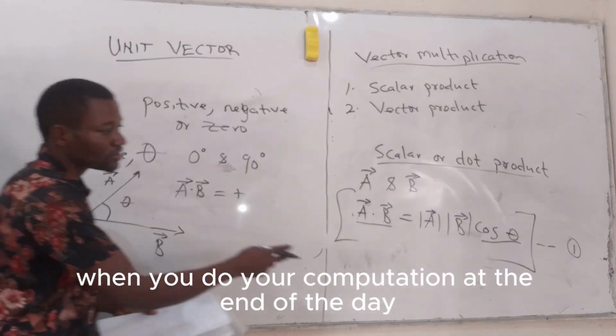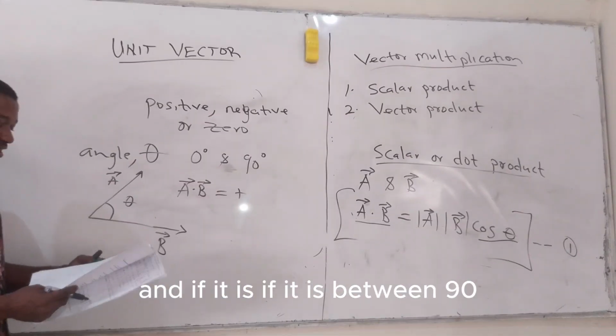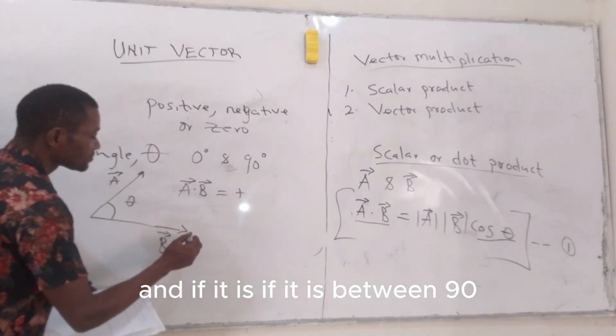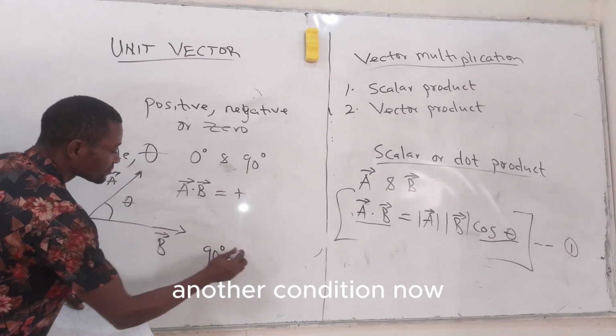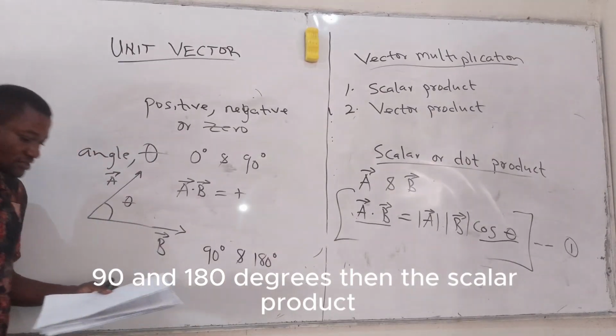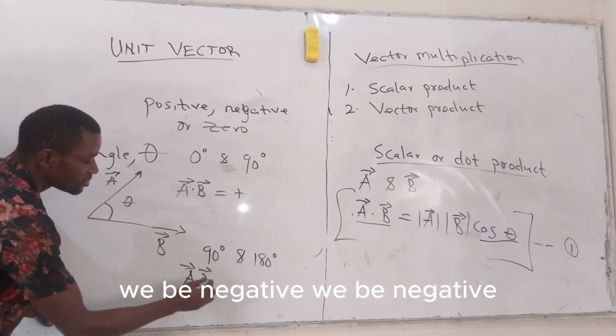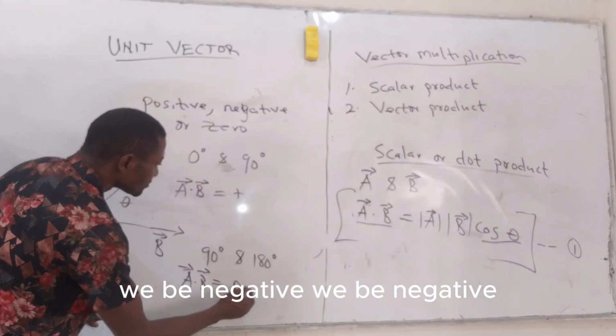When you do your computation at the end of the day, the answer will be positive. And if it is between 90, another condition now, 90 and 180 degrees, then the scalar product will be negative.